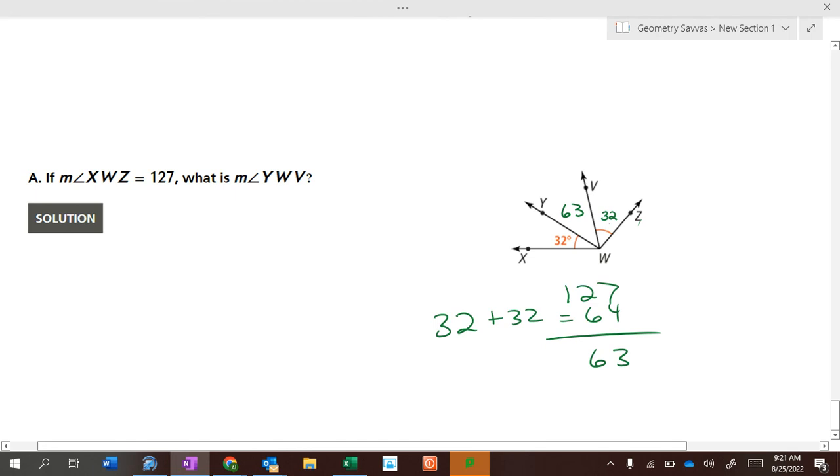That's what the middle angle must be. YWV must be 63. The reason we could solve that is because we have this thing called an arc mark. If we have one arc mark and we know what that is, then this must be the same. They are congruent, they are equal.